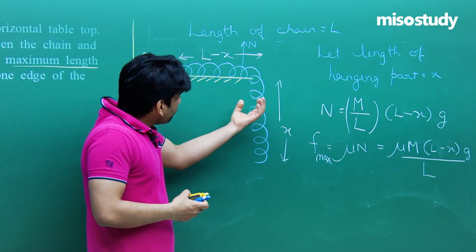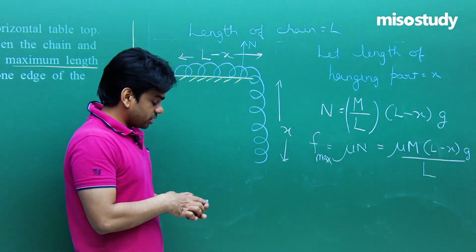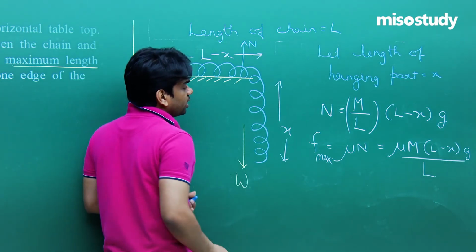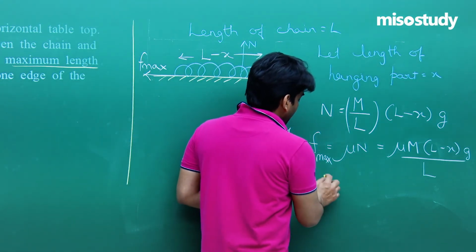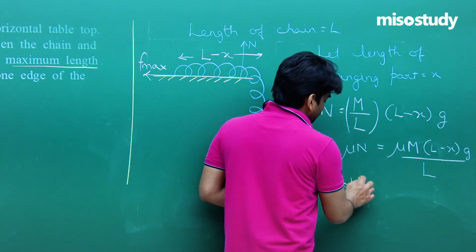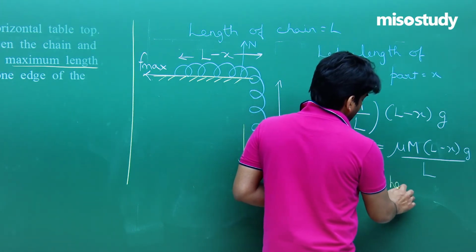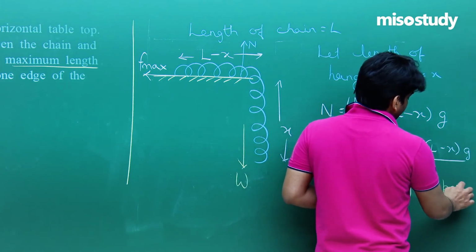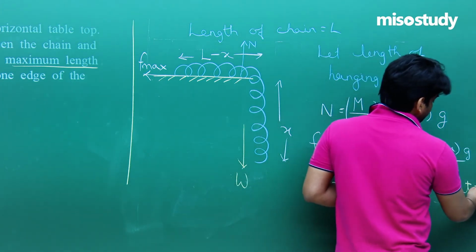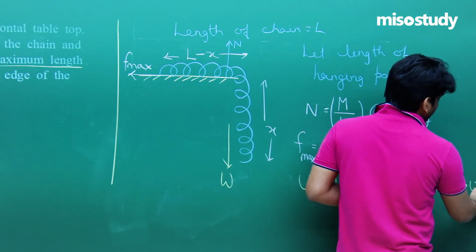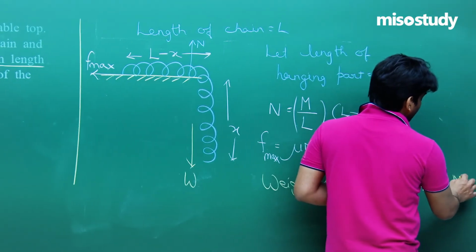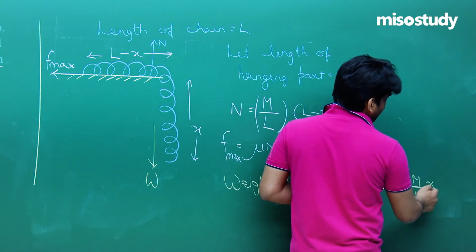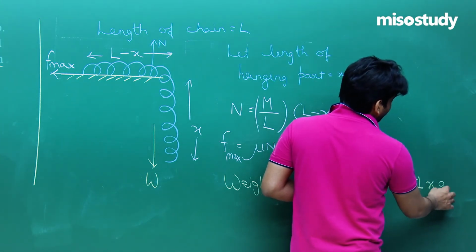Now the weight of this part will be how much? Let's say the weight of the hanging part is W. W will be equal to total mass per unit length multiplied with x, that is the length hanging, multiplied with g.